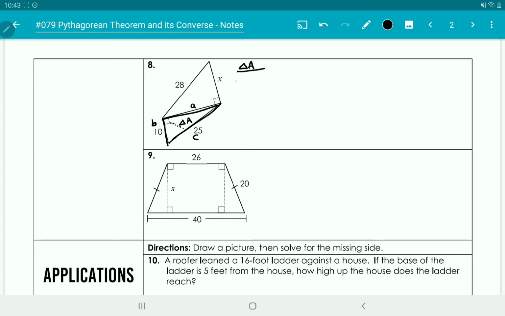Okay, so for triangle A, we have A squared plus B squared is equal to C squared. Okay, so we go ahead and leave A squared the same, because that's the one we're solving for. B is 10, and C is 25. So now we can go ahead and try and solve, or simplify first. So A squared plus 10 squared is 100. 25 squared is 625.